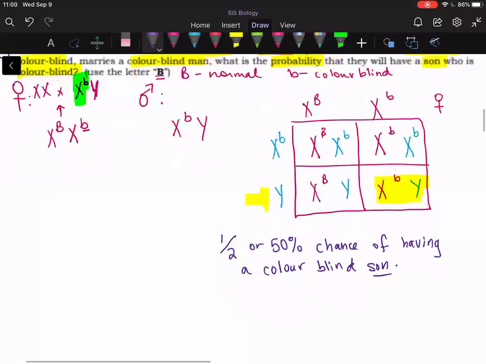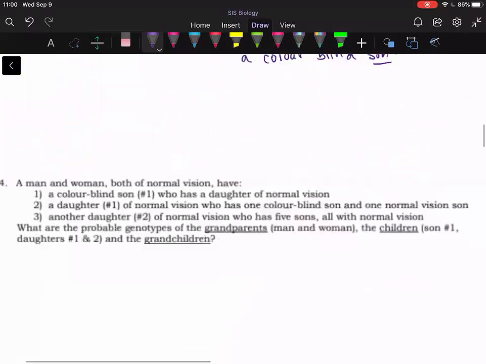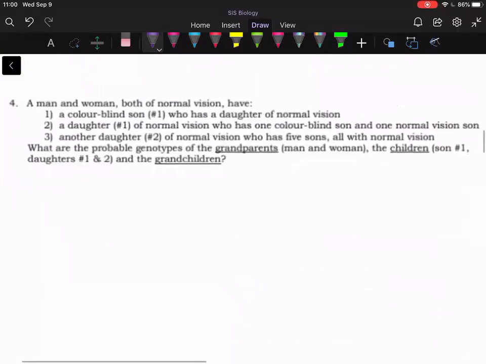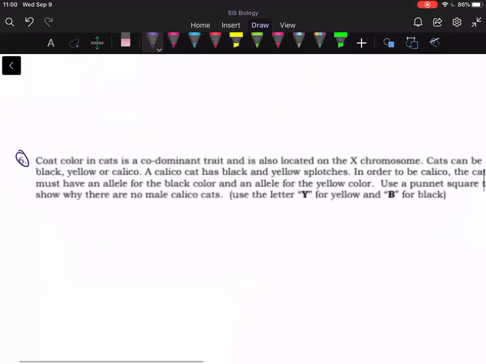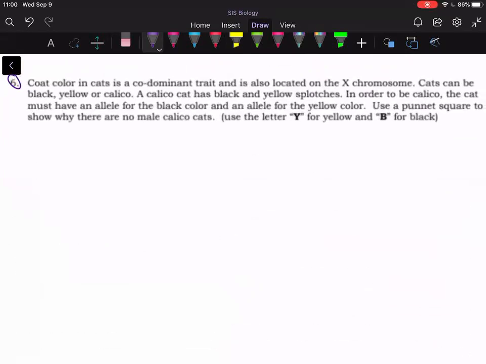Okay, so here's another number 4 that I'm going to let you guys try on your own. And we're going to go to number 6. So let's read it together. Coat color in cats is a codominant trait and is also located on the X chromosome.